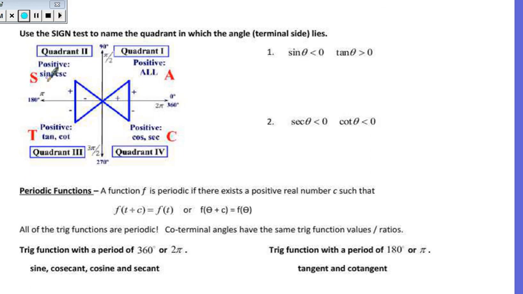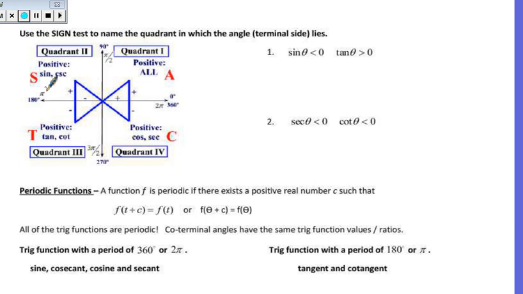The sine family, which is sine and cosecant, are positive in quadrant number 2. T stands for the tangent family, which is positive in quadrant 3, and C stands for the cosine family. I'm personally not a big fan of these. I just like you to think about what quadrant you're in. So I'm not going to be working with the all students take calculus. If it's a tool you want to use, certainly go ahead and do so.